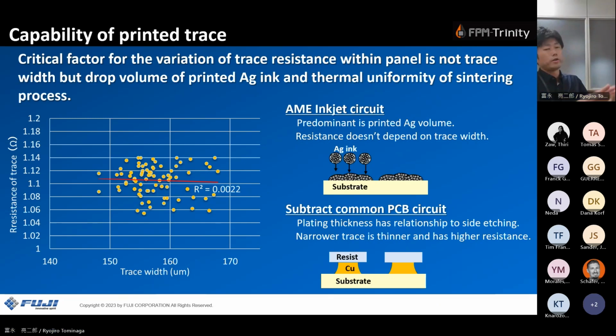Therefore, the variation of the trace resistance is very high in the common PCB manufacturing process, maybe plus or minus 30 or 40%, I think. However, AME is a direct deposition, so the critical factor for the variation is not trace width. The critical factor is the printed drop volume and the uniformity of the sintering process. Just that. Therefore, the variation of the trace resistance within a panel is less than 10%, very uniform.